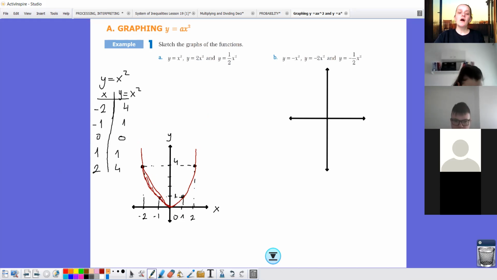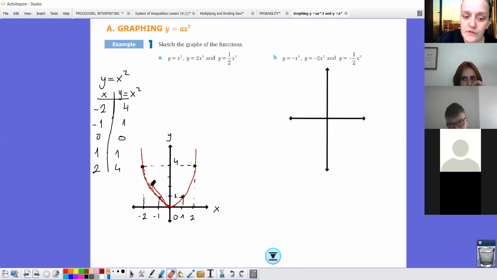Teacher, why for x you have written -2, -1, 0, 1? Can you explain? As I said, I choose the values. For example, you can start with -4. You can give -3 and all different values, whatever you want. Why I started with negative, I need also to see how my graph will be in the negative part of x.